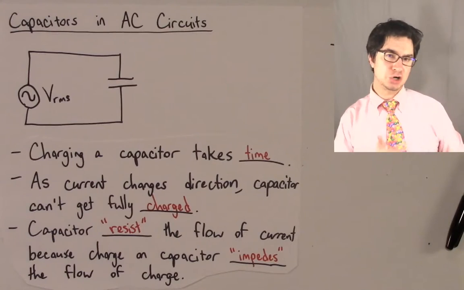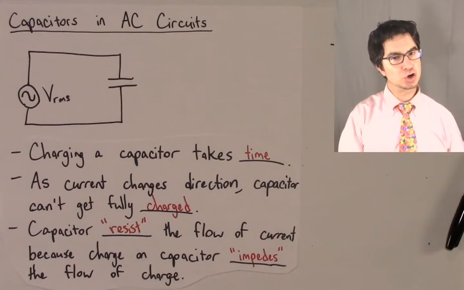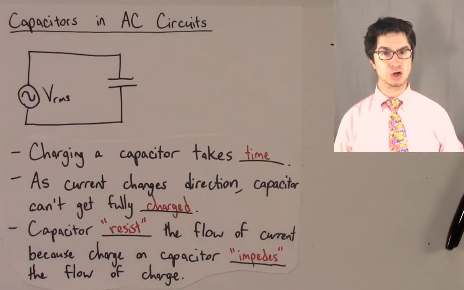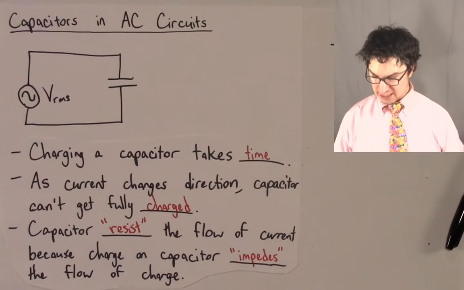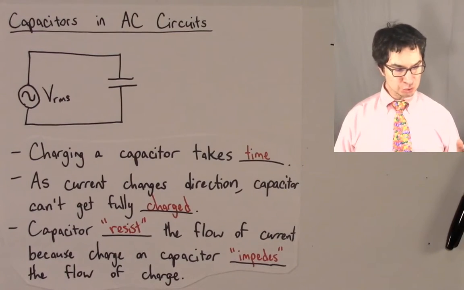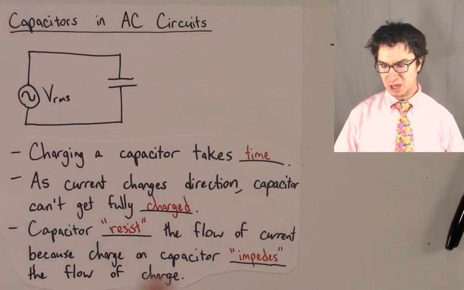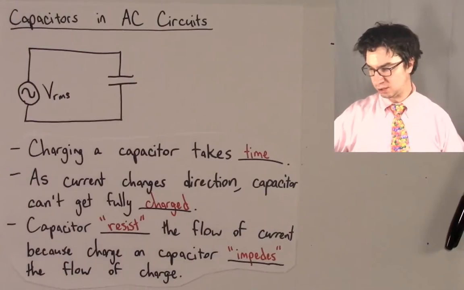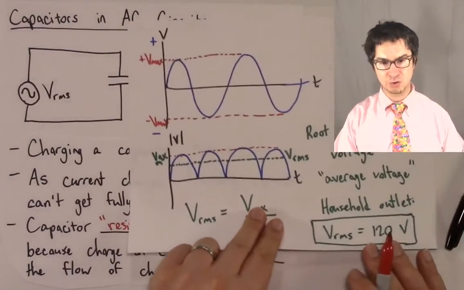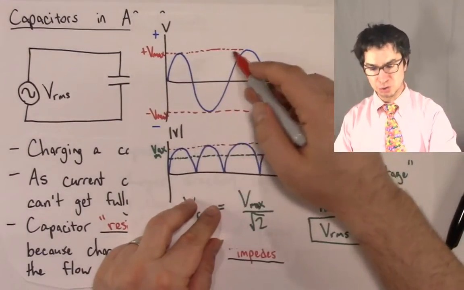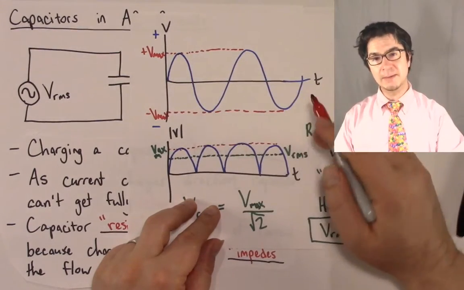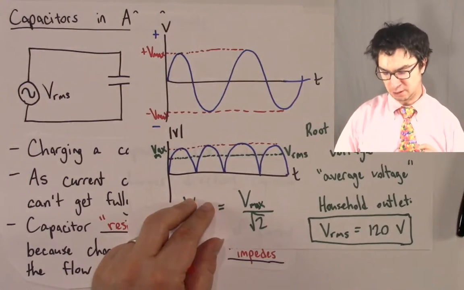Now, the more charge the capacitor gets, the less current can flow because the capacitor gets fully charged, fully saturated with charge. So what we're going to take a look at here is this relationship between the oscillation of this current, right? If you look back at this graph, this is an oscillation. You see the voltage oscillating in simple harmonic motion. That means that the current is also oscillating in simple harmonic motion.